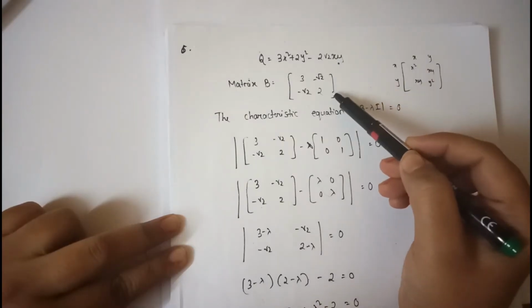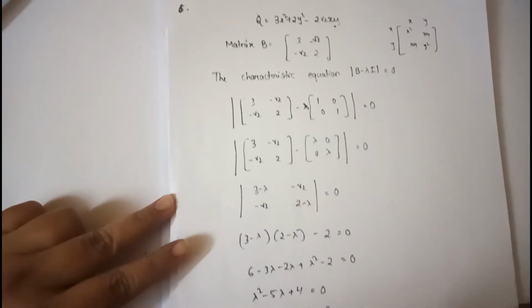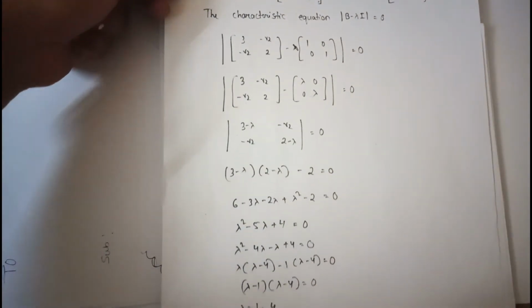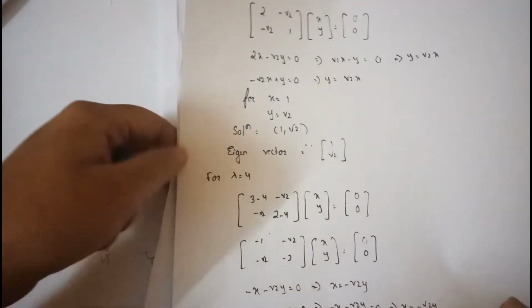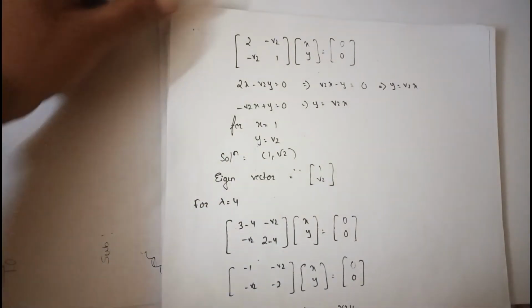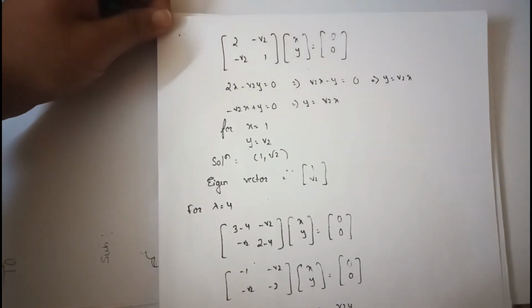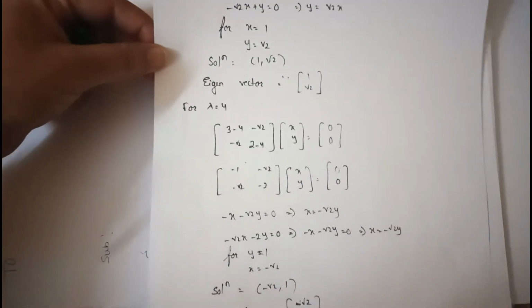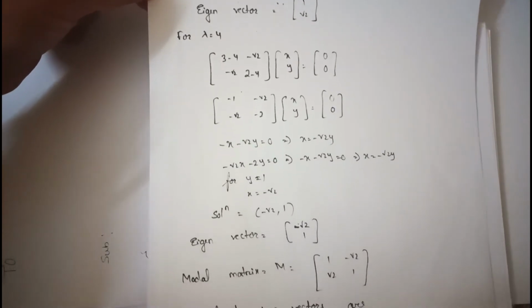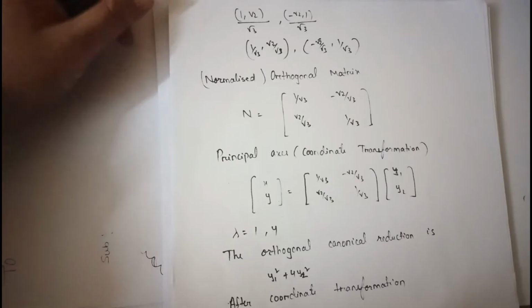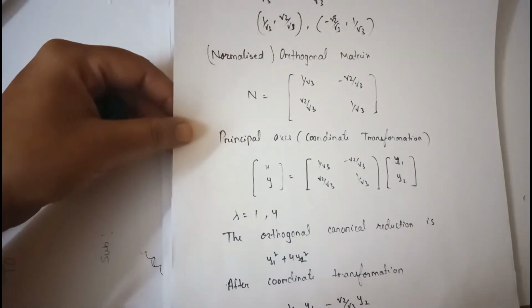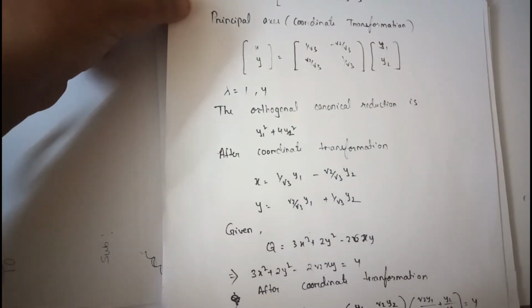The quadratic form, matrix form, characteristic equation, eigenvector, normalized eigenvectors, principal axis, orthogonal matrix, orthogonal canonical reduction.